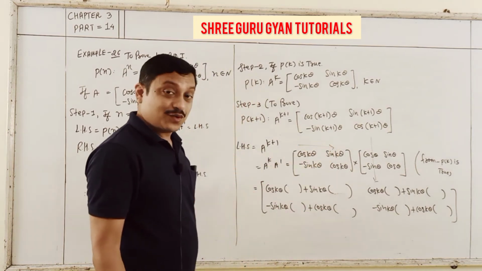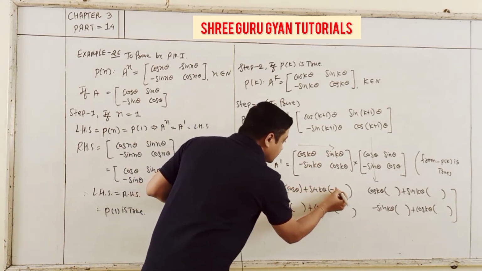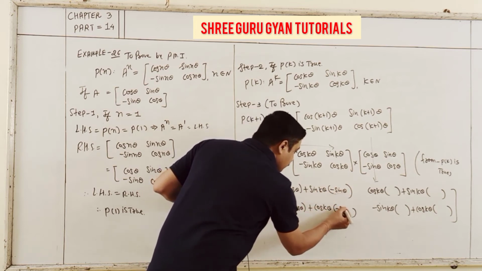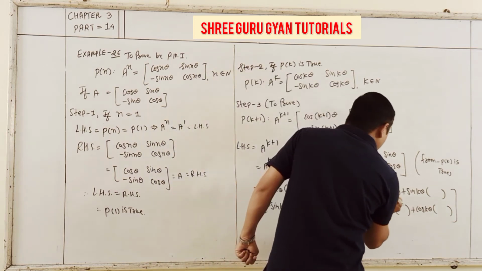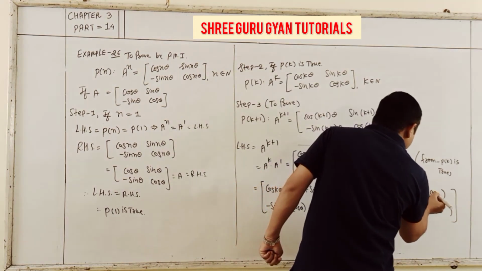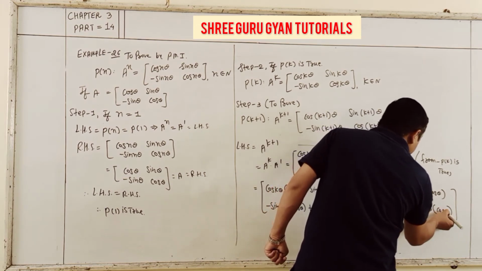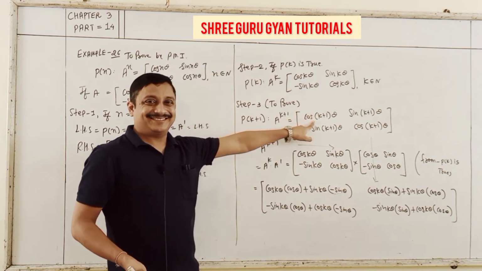First column value cos and minus sin. Here cos theta minus sin theta, cos theta minus sin theta. Same as sin cos. Here do sin cos, similarly sin cos. Indirectly, this is the formula of that.